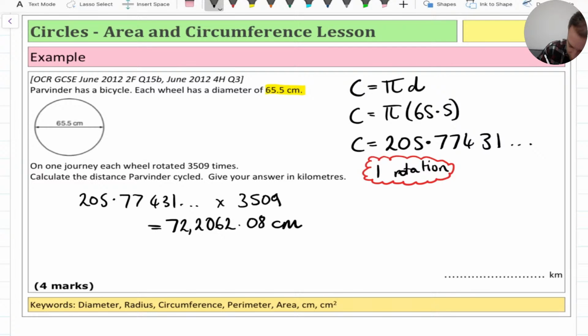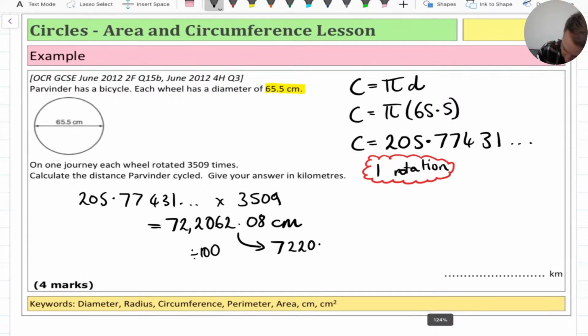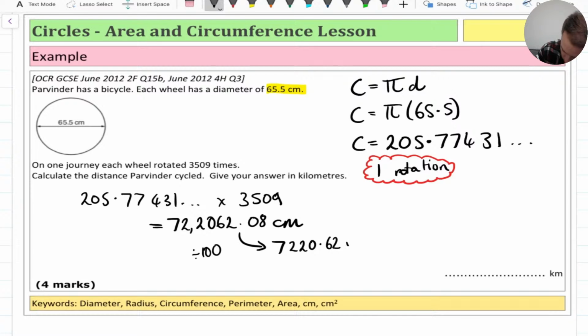kilometers. So let's convert it to meters first of all by dividing by 100. So if I divide this by 100, it's going to be 7,220.60 meters.